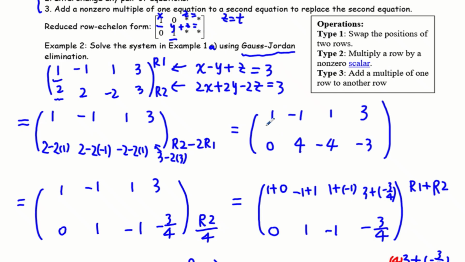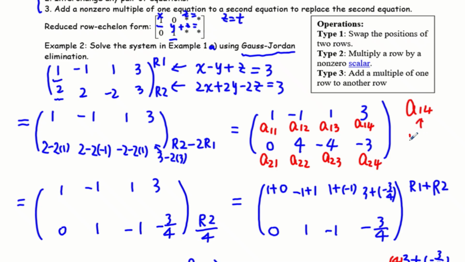So this one we call A11, first row, first column, and this one A12, first row second column, this one first row third column, first row fourth column, and do the same thing, second row first column, second row second column, second row third column, second row fourth column.